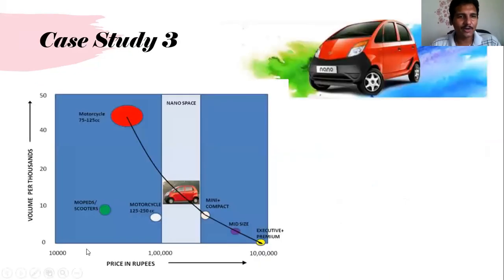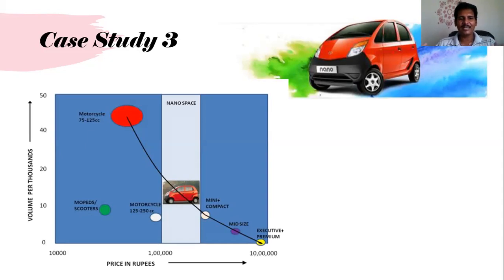The third example we are going to see is Tata Nano. Basically, we all know how the concept of Tata Nano was born. Ratan Tata was traveling in his car on a rainy day, and he saw in the traffic a family of four members.